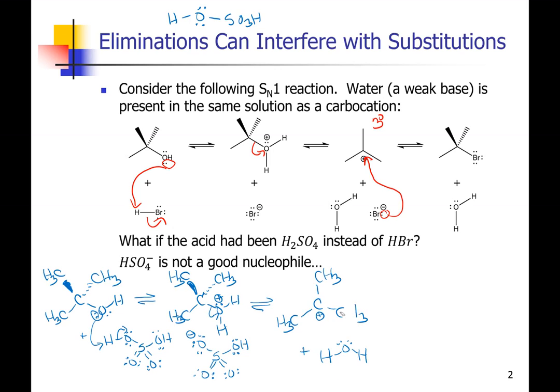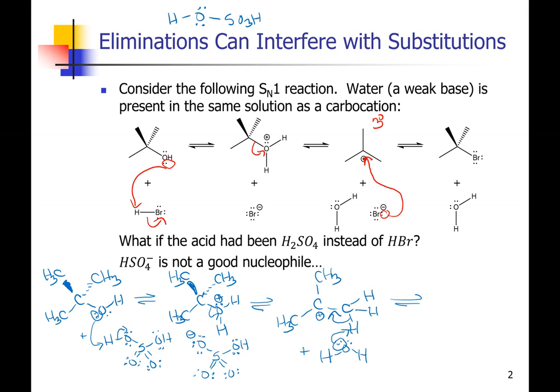To see that, I'm going to have to take one of these methyl groups and actually draw out all 3 of the CH bonds. The other thing that can happen is that instead of acting as a weak nucleophile and directly attacking the carbocation, the water can act as a weak base and deprotonate the carbon next to the carbocation, forming a new carbon-carbon pi bond.